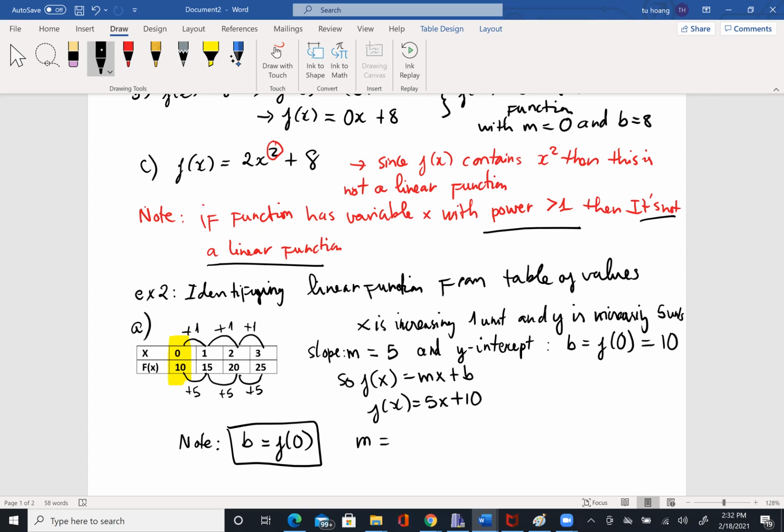So I would like to give you a formula for the slope: y2 minus y1 over x2 minus x1.